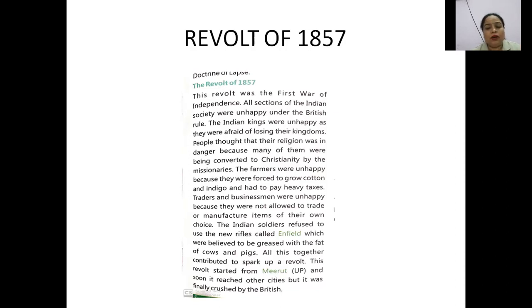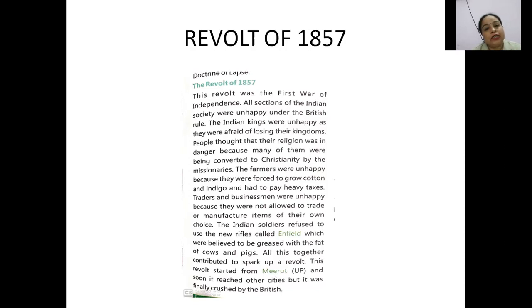The people thought that their religion was in danger. Why? Because the Britishers were converting Hindus and Muslims to Christianity. Why?